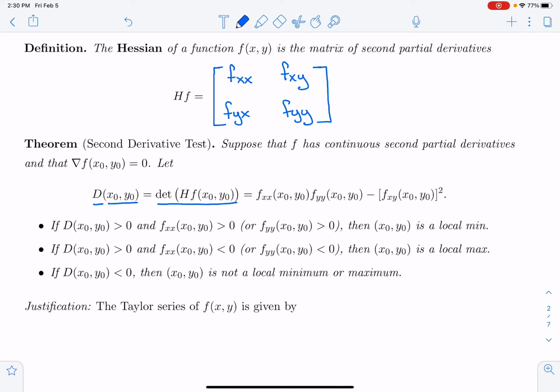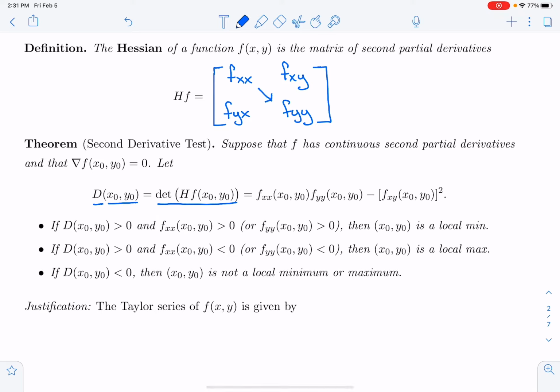So determinants are something that we have seen before. We used determinants to evaluate cross products. So this is going to be the determinant of a 2 by 2 matrix. If we think about what is the determinant of a 2 by 2 matrix, you're going to multiply f_xx and f_yy, those pure second partial derivatives.